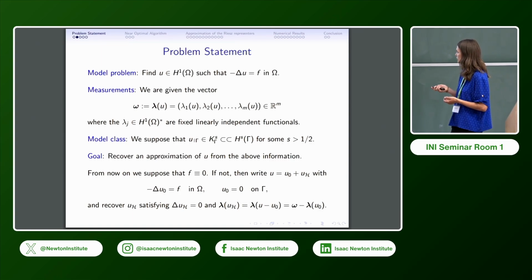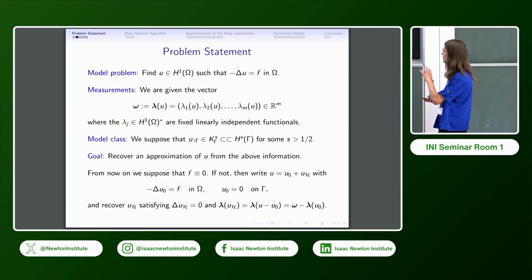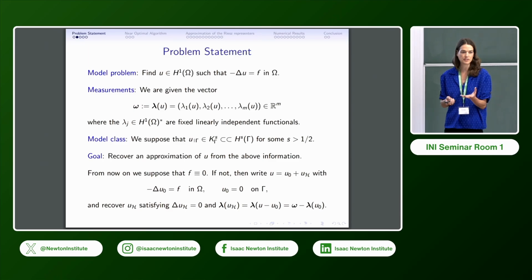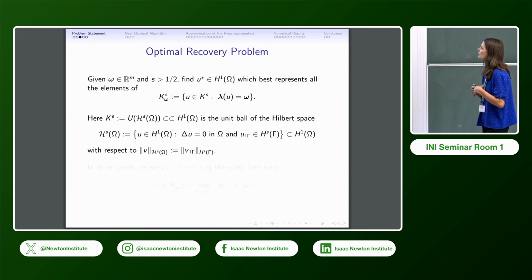And we'll have the measurement of this harmonic part, which is simply given by a modification of the original vector of observation. So for the rest of the talk, I will just assume that f is 0, knowing that if not, then I will have to approximate also this u0, but that can be done by standard finite element approximation.